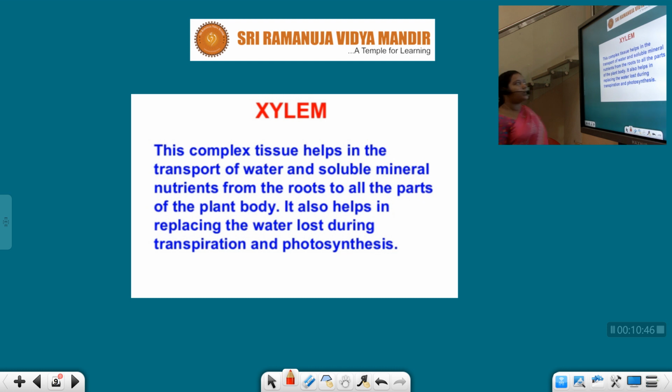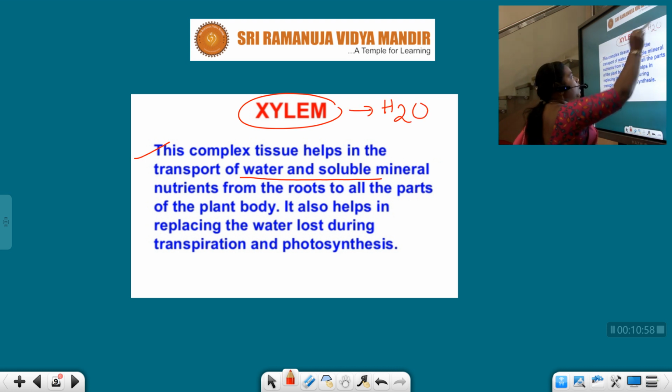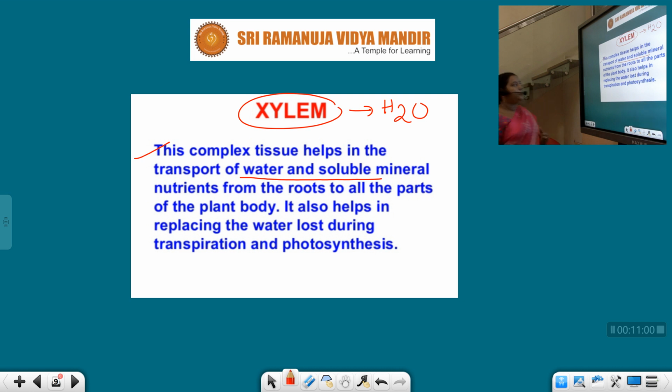First, let us talk about the xylem. It is a complex tissue that helps in the transportation of water to the different parts of the body. It also helps in replacing the water lost during transpiration and photosynthesis.